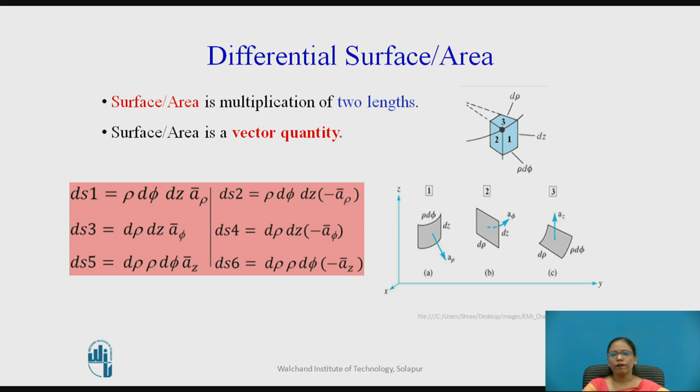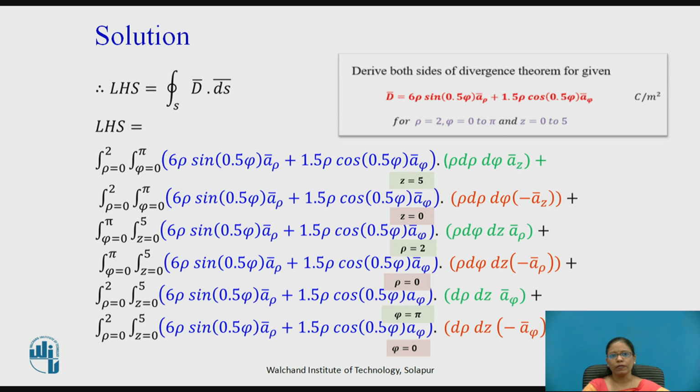Now let us write these surfaces in the divergence theorem LHS part. So for this question as we are solving, LHS I'll write, which is equal to the surface integral of D bar dot ds bar. This D bar is given to me in the question. I can put this D bar in all the 6 integrals. Which 6 integrals?